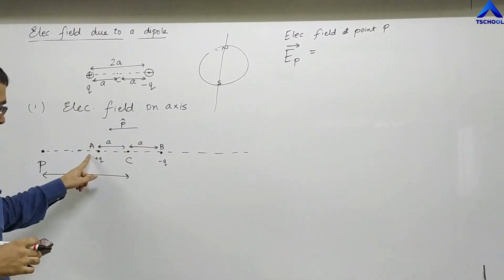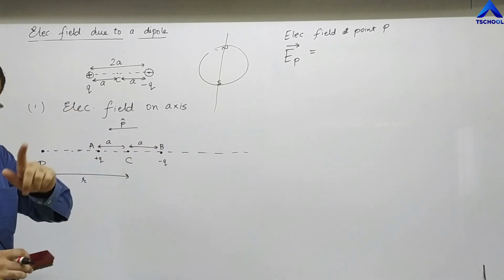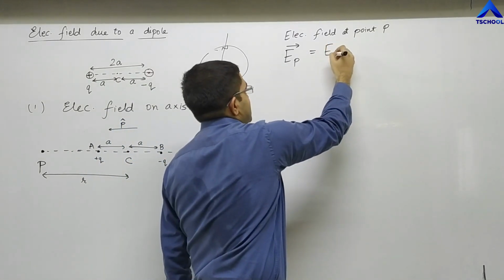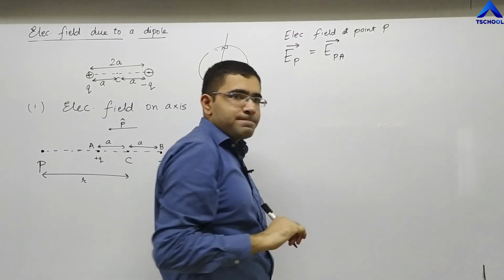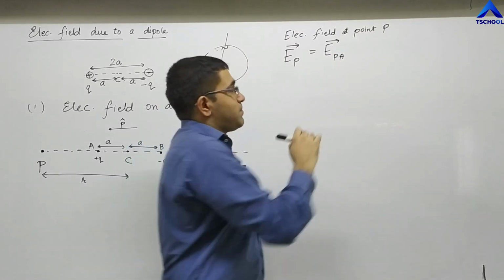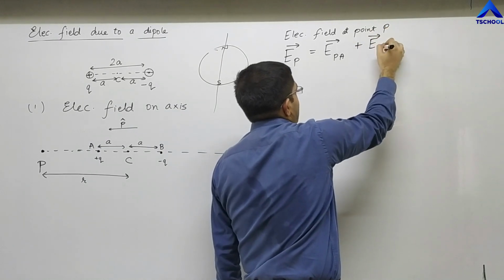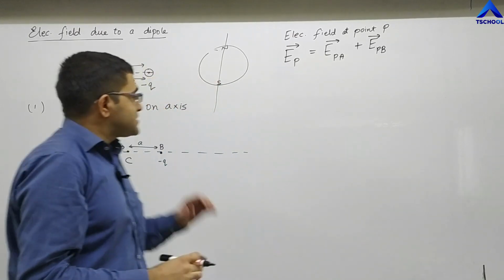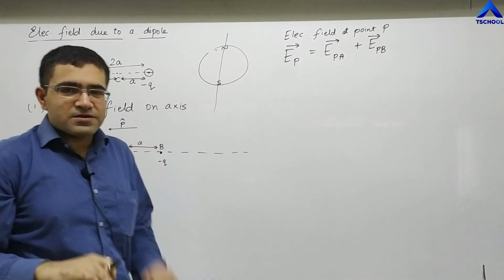The one positive charge at point A, the other negative charge at point B. And that's why I could write this is electric field at P due to the charge at A, plus electric field, again a vector, at the point P due to the charge at B. Obviously the charge at A is positive, the charge at B is negative.